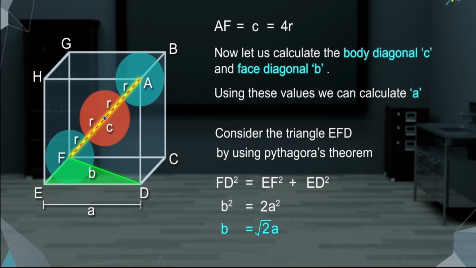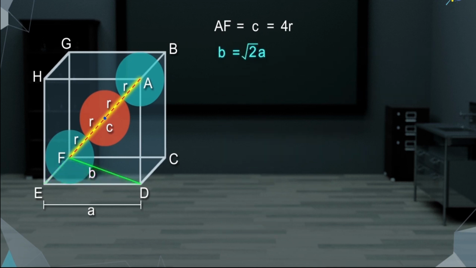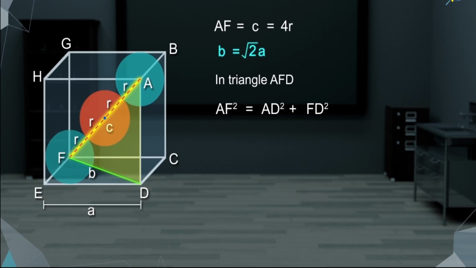The value of B is equal to √2 A. Now in triangle AFD, AF² is equal to AD² plus FD². The value of AF² is equal to C². Now C² is equal to A² plus B².